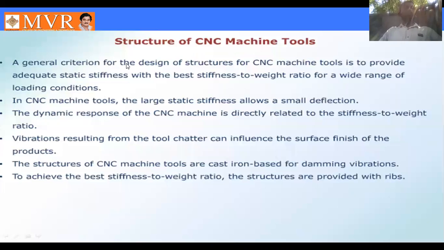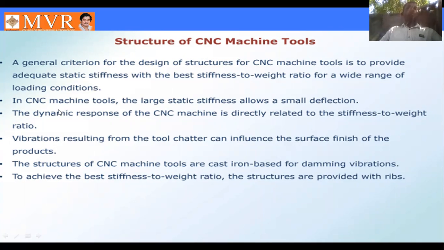The general criterion for the design of structures for NC machine tools is to provide adequate static stiffness, with the best stiffness-to-weight ratio, for a wide range of loading conditions.